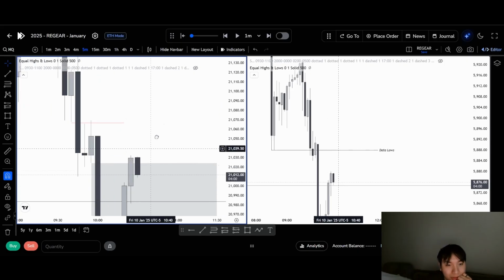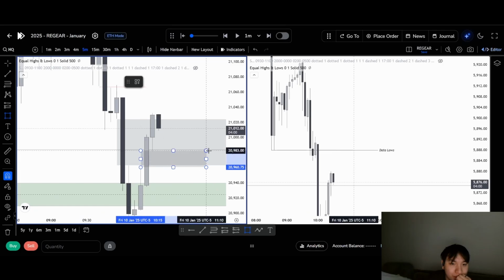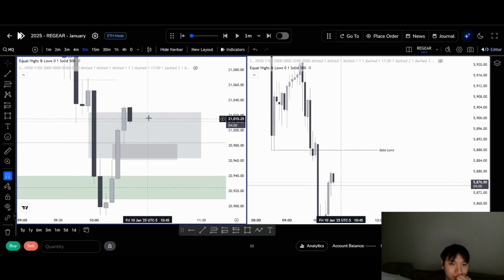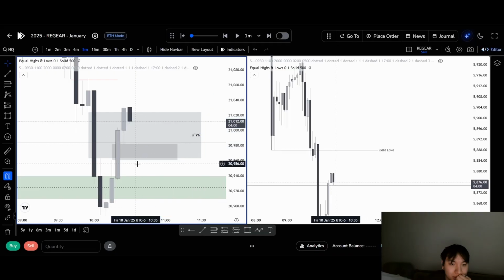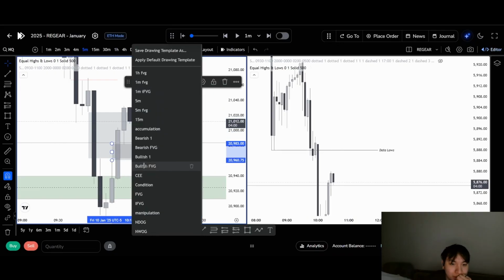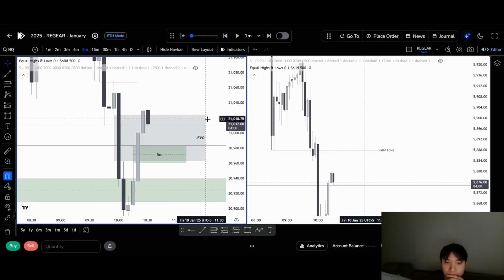Honestly, we could enter off of here, but I kind of want to wait for some kind of resweep. Right there, 5 minute. It'd be right there.